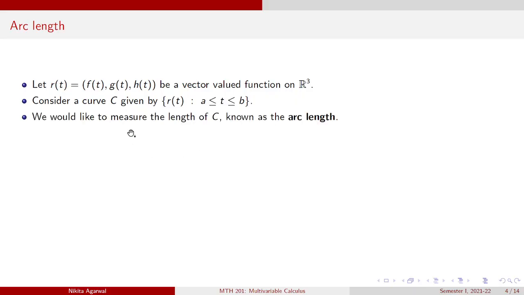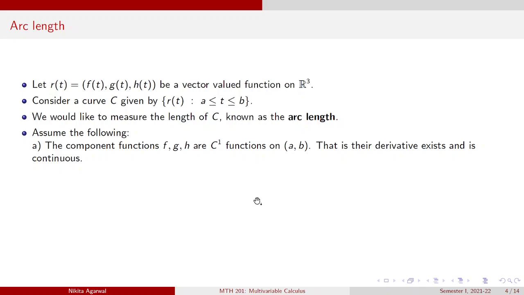What do we want to do? We would like to measure the length of C, which is known as arc length. If you look at this curve C in R3, which is space, it is like a curve or an arc. So we would like to measure its length.